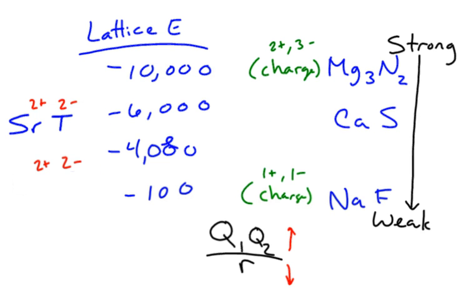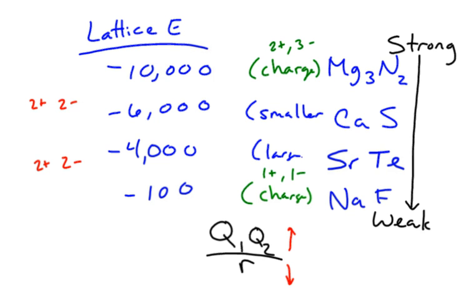So that is much smaller than these. They're both the same charge, but this is smaller. Between these, this is larger. Between these two. Okay? So that's how I would organize it.